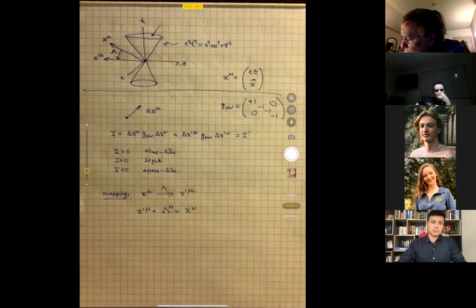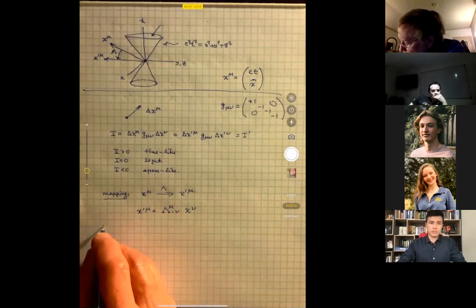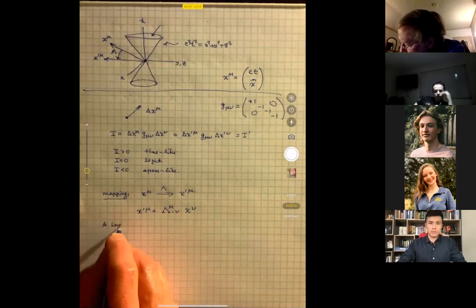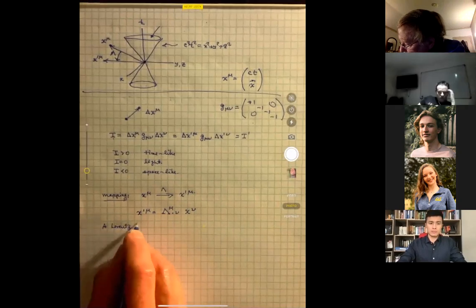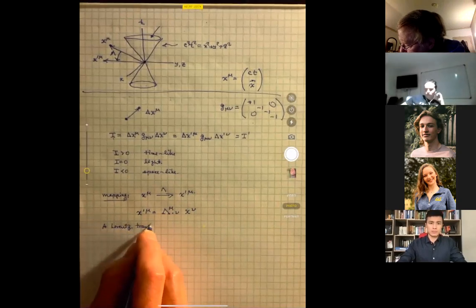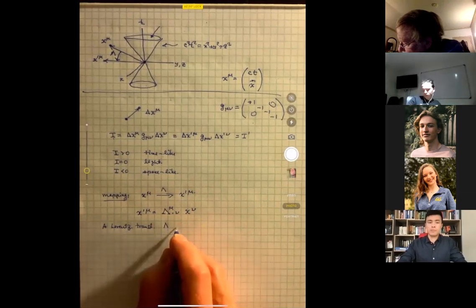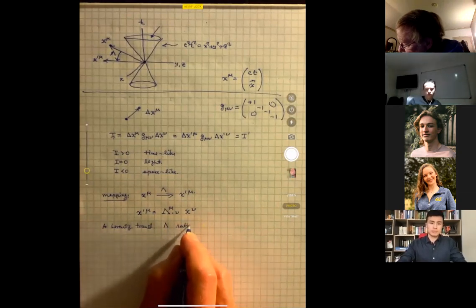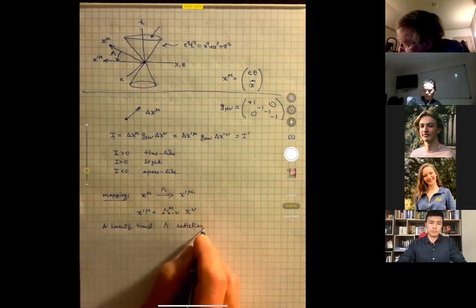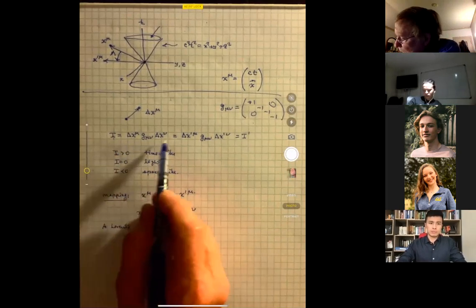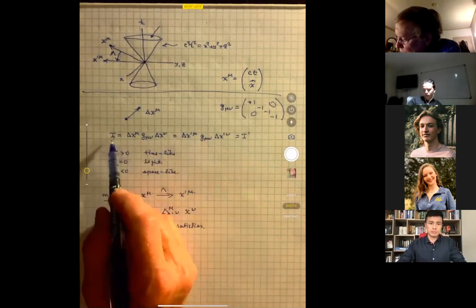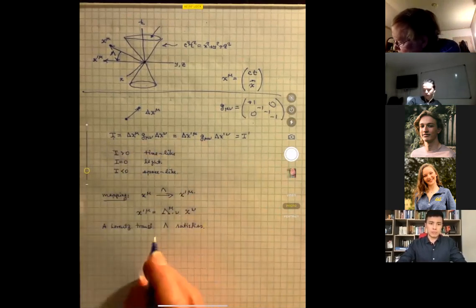Now, I will define a Lorentz transformation. A Lorentz transformation, Λ, satisfies the property that the quantity I, which I'm calling an invariant, actually is an invariant.